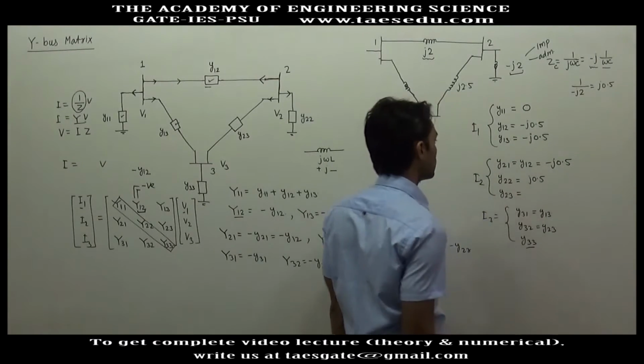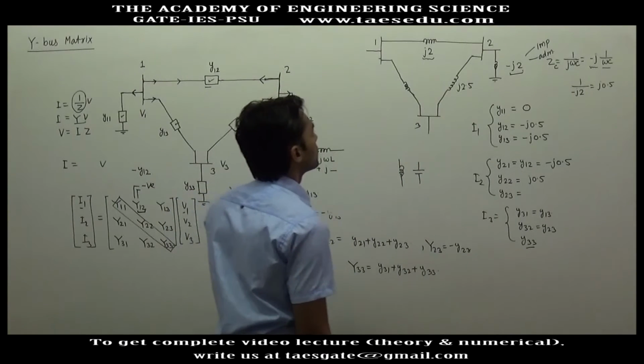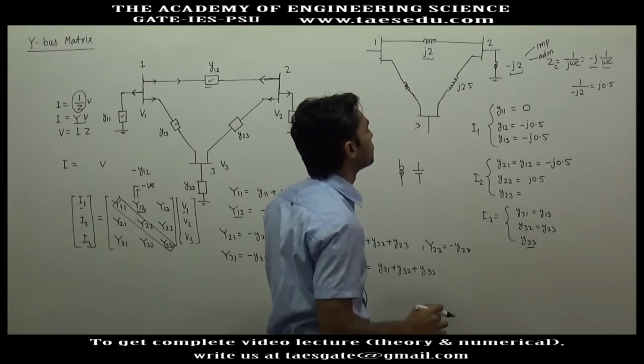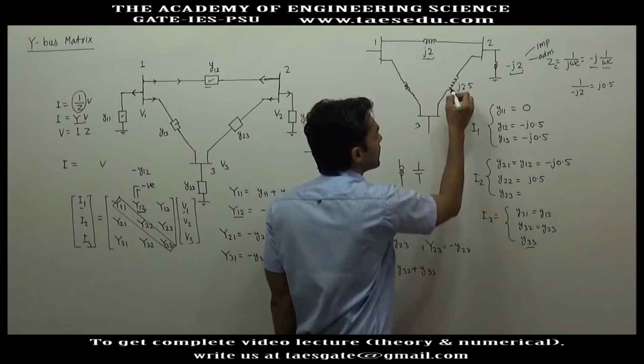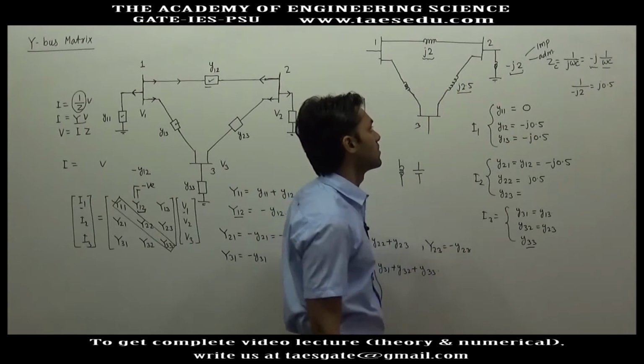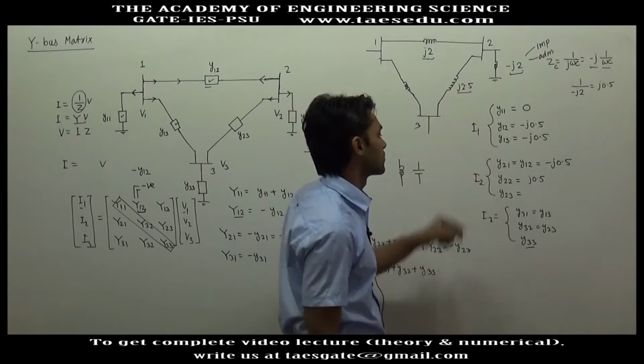Okay, what will be y23? Here you are given an inductor with positive j, so this will be impedance, and you need to take the inverse of it.